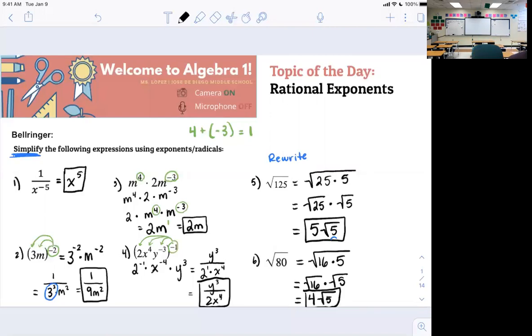The solution for 6 would be 2, right? What do you mean the solution? I mean, like, the number. Well, what's the square root of 80? Go to your calculator. Plug it in. What is the square root of 80?